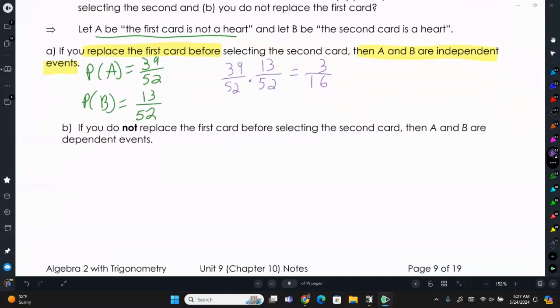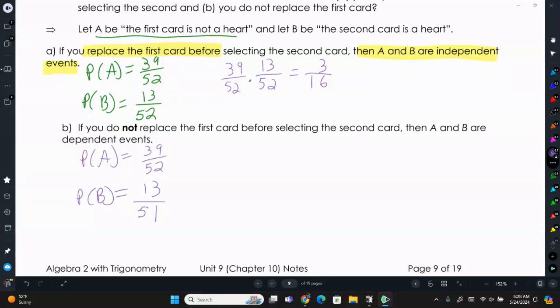Now, let's say you do not replace the card before selecting the second one. Well, the probability of A is still 39 out of 52, selecting not a heart. But now the probability of B is going to be 13 hearts out of 51, because I didn't replace that card, and by not replacing that card, I have fewer to choose from.